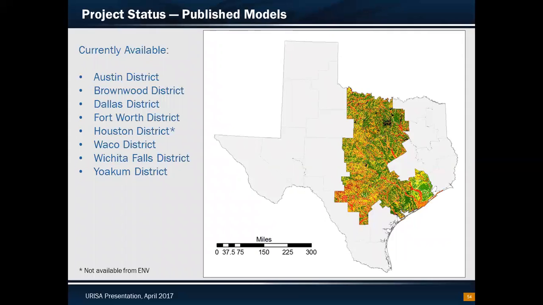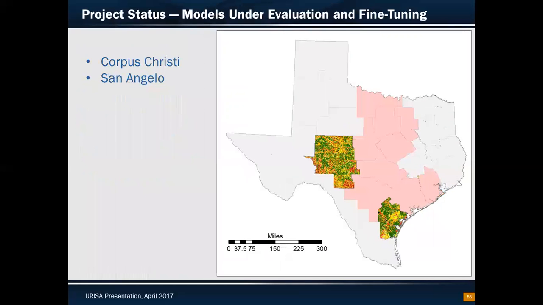So status. Currently available, we have about 7 models, and then Houston is floating out there too. You might be able to get it from them. You can't get it from us. There are a couple more models in the pipe, but they are not ready for prime time yet.